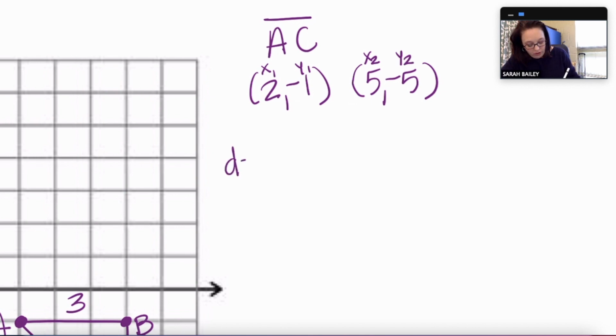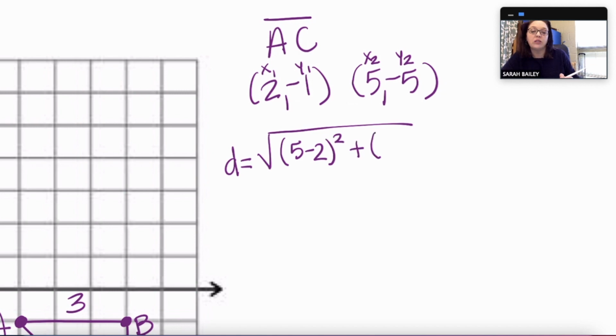So my distance formula says, take the difference in the x coordinates, so that'd be 5 minus 2 quantity squared, plus the difference in the y coordinates, which would be negative 5 minus negative 1 quantity squared.